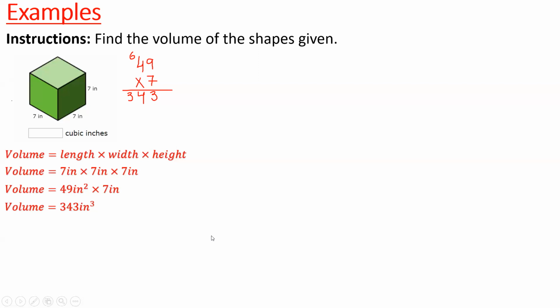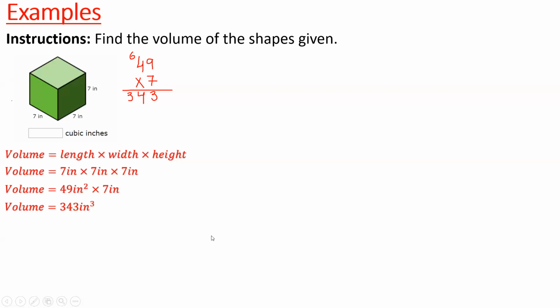So let's say we have this, what we call a rectangular prism. It's going to be number 2. This is number 1.